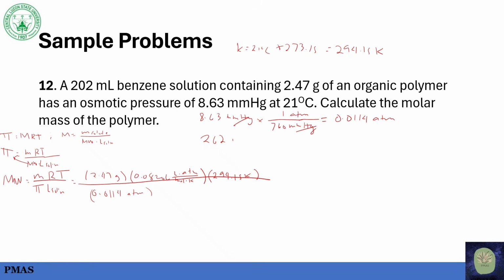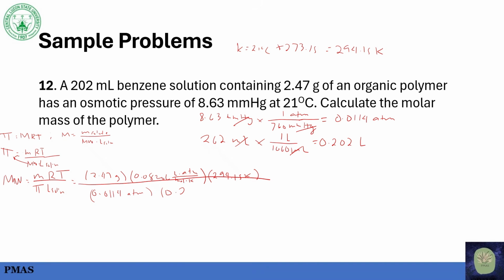Let's first convert 1000 ml is 1 liter. So this is 0.202 liters.